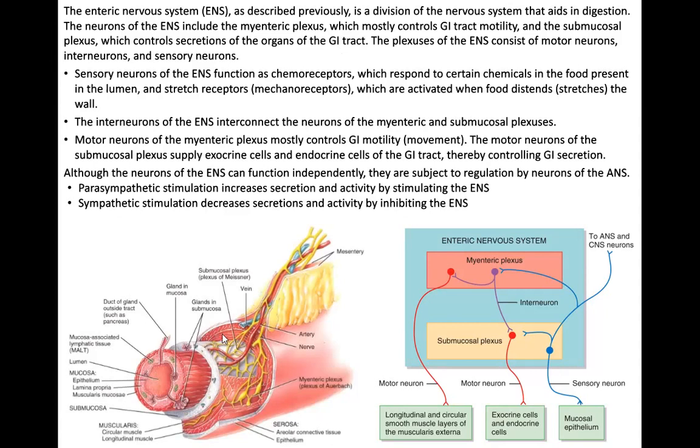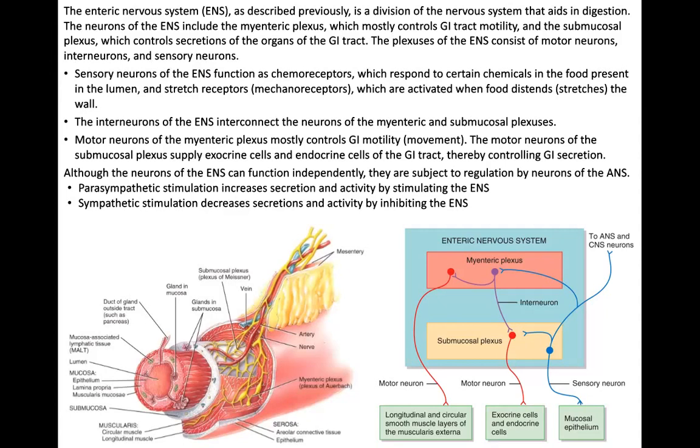In this case, this will be small intestine, but we'd see the same thing if that was a picture of the stomach or the large intestine. Our plexuses of the enteric nervous system are going to consist of motor neurons, interneurons, and sensory neurons, just like we learned back at the beginning of our nervous tissue lecture. The sensory neurons of the enteric nervous system function as chemoreceptors or stretch receptors.